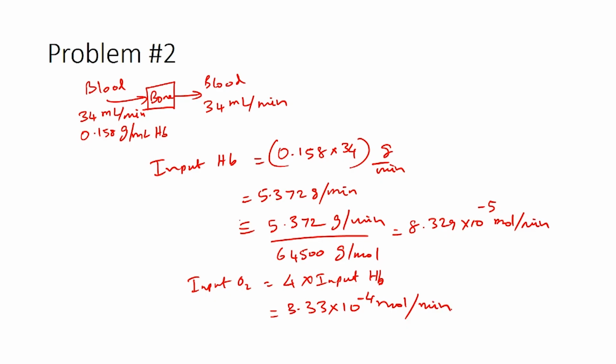So, we also need to calculate the amount of oxygen which is consumed, so that we can actually calculate the amount of oxygen which would be leaving the system. Oxygen consumed has been given to us, which would be 4 times 10 power minus 2 milligrams per second. So, converting this to milligrams per minute, it would be equal to 2.4 milligrams per minute.